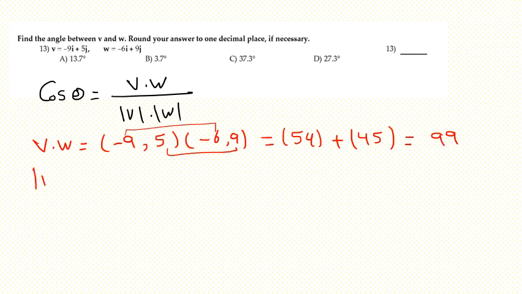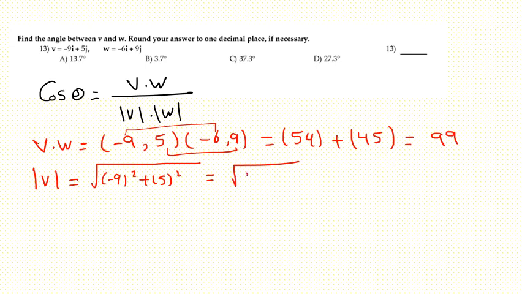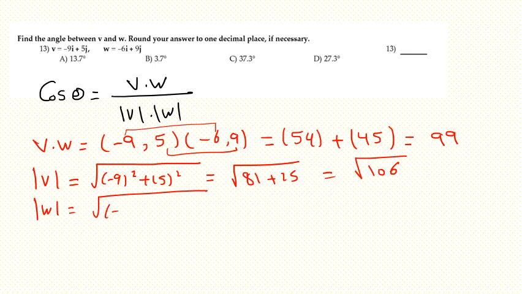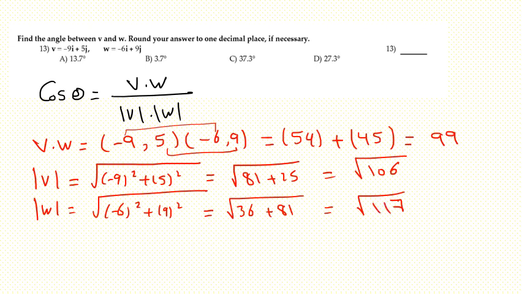Then to find the magnitude of V, it's the root of negative 9 squared plus 5 squared, which is the root of 81 plus 25, which is equal to the root of 106. And the magnitude of W, the root of negative 6 squared plus 9 squared, which is 36 plus 81, the root of 117.